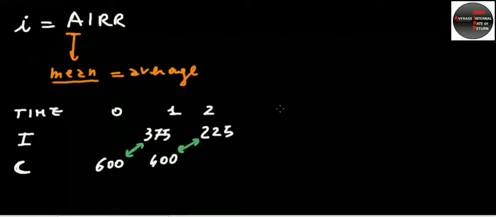In the first period, the project generates a rate of return, let's call it I of 1, equal to the ratio of 375 to $600, return divided by capital, and this is equal to 62.5%.